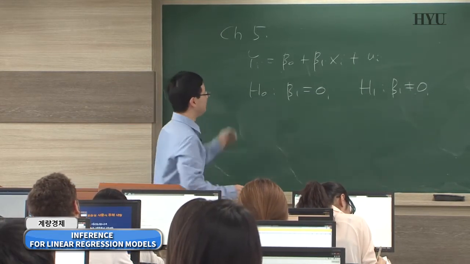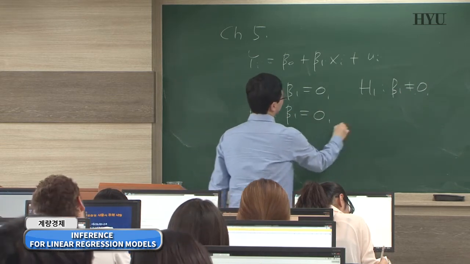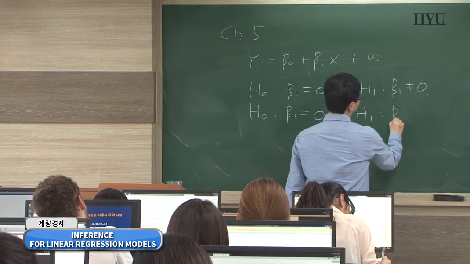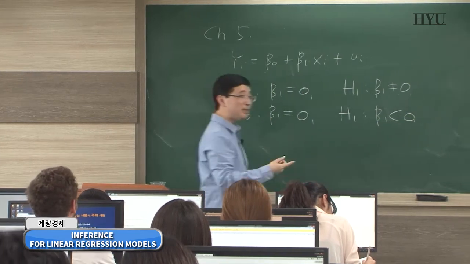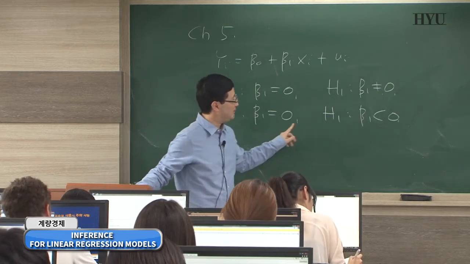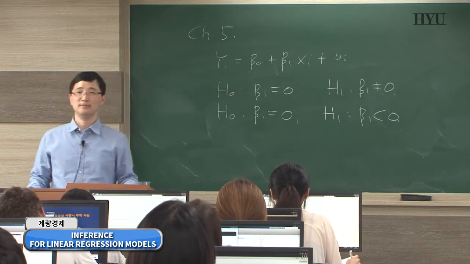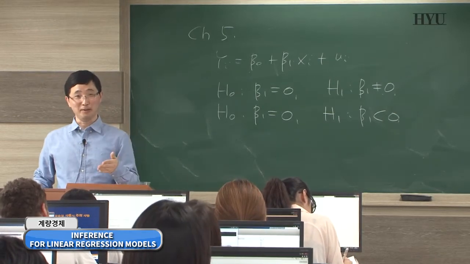So this is one possibility. Now, this is more specific, right? So now the null says class size doesn't matter. But the alternative says what? It matters in some way, right?